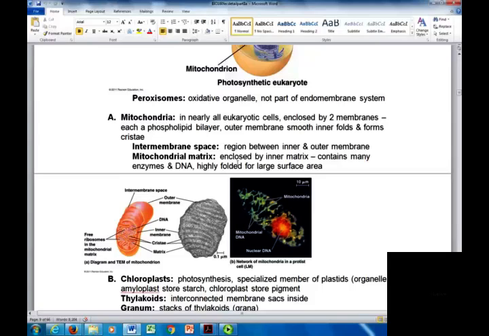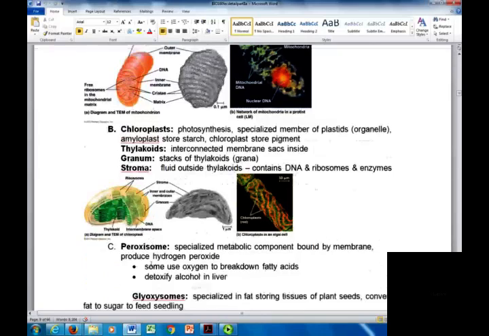This will contain a lot of enzymes and DNA, and it's highly folded for a lot of surface area. And we actually need that surface area of those membranes in there to be able to pass electrons down in the process of creating energy. So the chloroplasts, these are used for photosynthesis. They're a specialized member of the plastids.